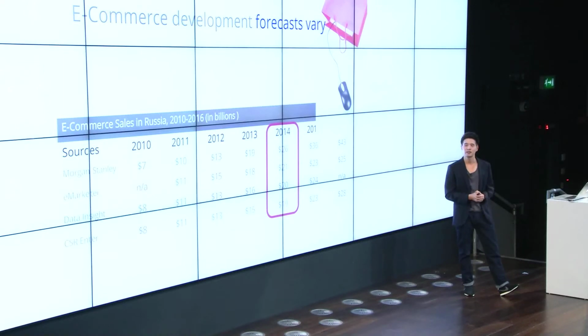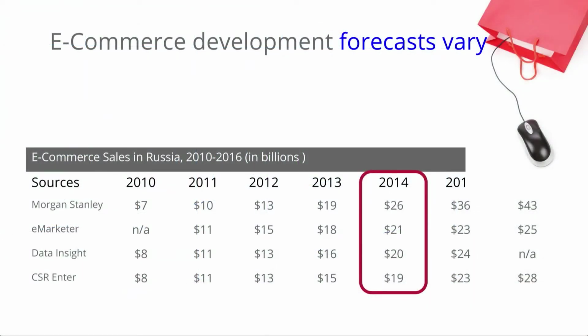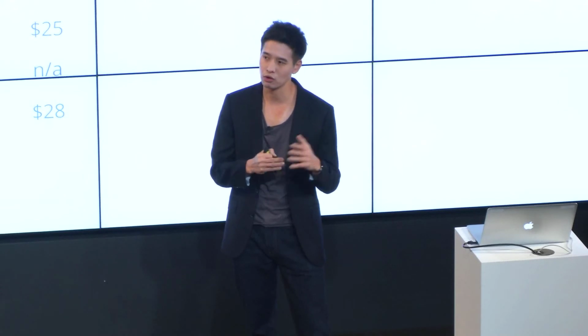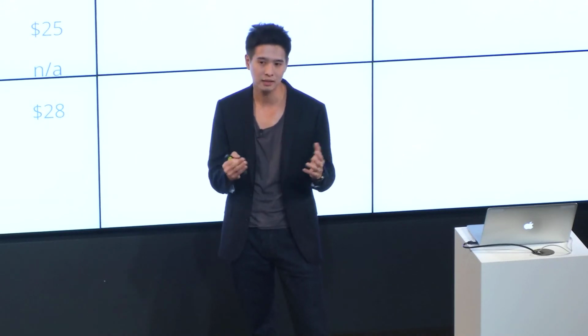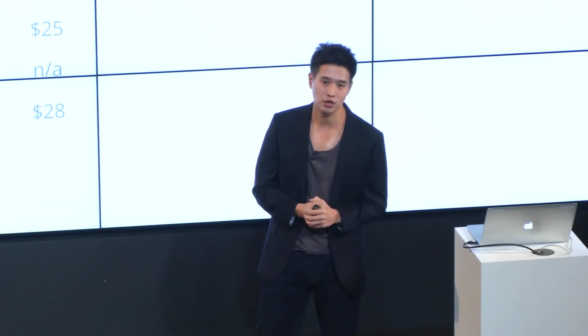I guess the interesting thing about the estimations is that local players, on average, are more conservative when it comes to forecasting the market growth. I guess this happens mostly because the international players like Morgan Stanley and BCG are heavily relying on the previous experience in other markets, and such economic factors as the growth of the share of e-commerce in the overall retail volume and the expansion of broadband penetration.